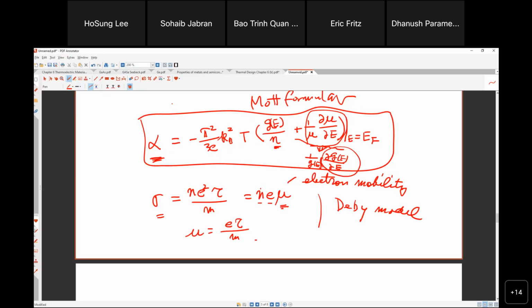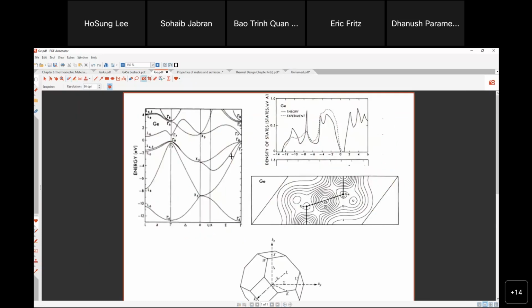So I'd like to show you some computational results. This is germanium. I think we have discussed this is a Brillouin zone of K-space, like that.